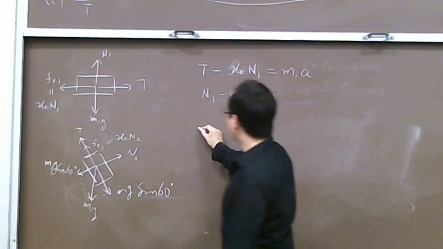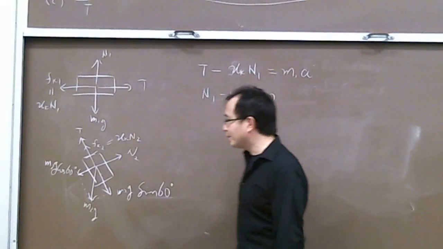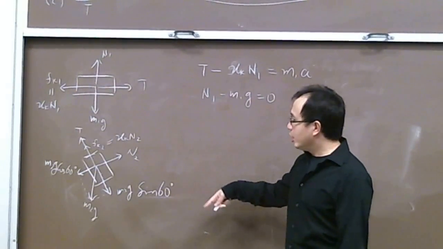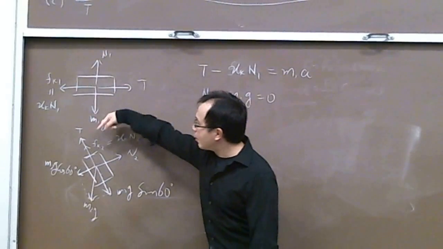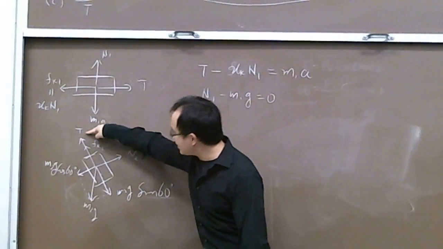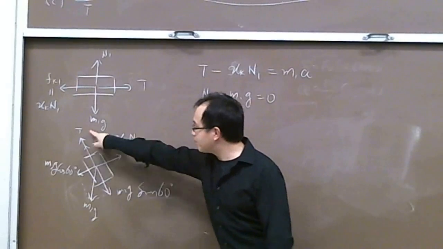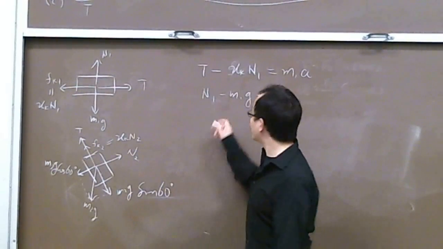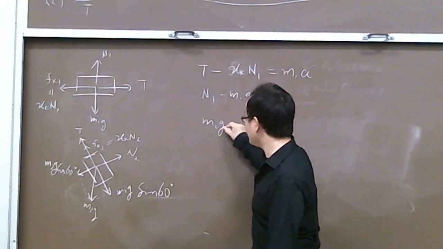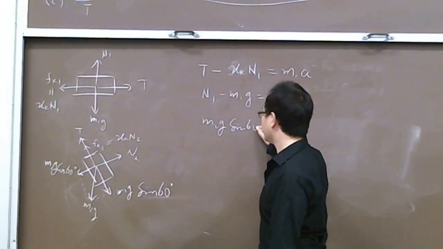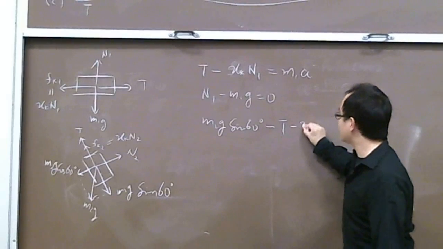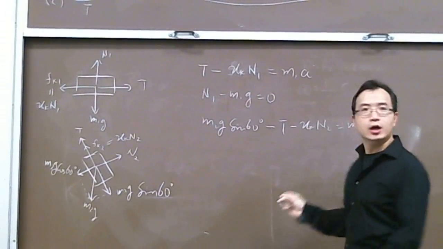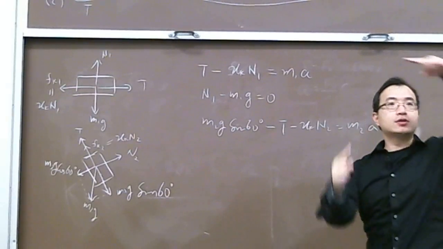For the second object, a common mistake comes again. Some of you would say the equation is T minus FK2, or T plus FK2 minus M2G sine. But you should write it as M2G sine minus T minus mu K N2 equals M2A, because they move like this.